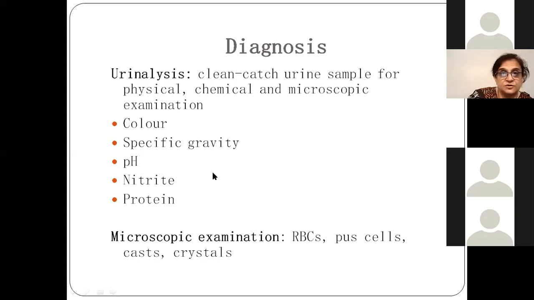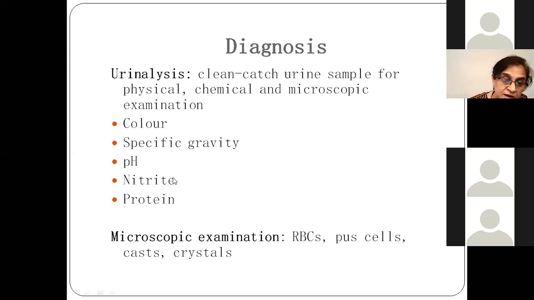The pH of the urine is slightly acidic, but in certain cases, like if the infection is by Proteus, then the pH becomes alkaline. So if the urine is alkaline, you should always suspect that the infection can be due to Proteus.